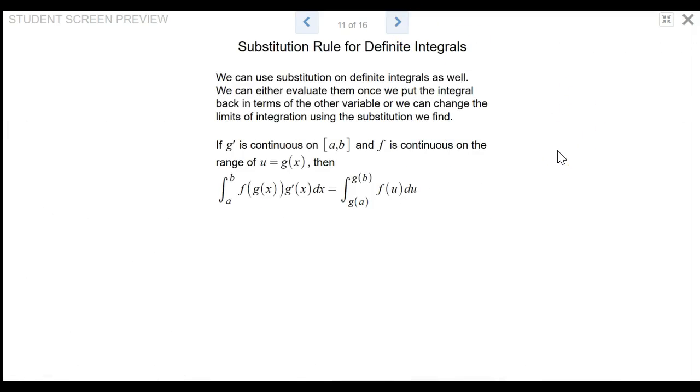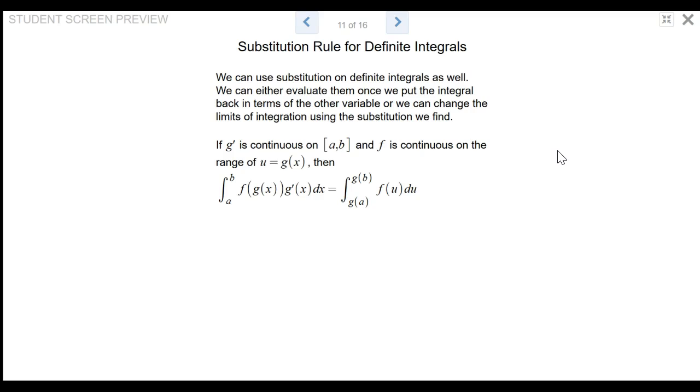So up to now we've just been looking at indefinite integrals. So you can also use the substitution rule for definite integrals, and obviously you have the same process up until you evaluate it at the limits of integration.